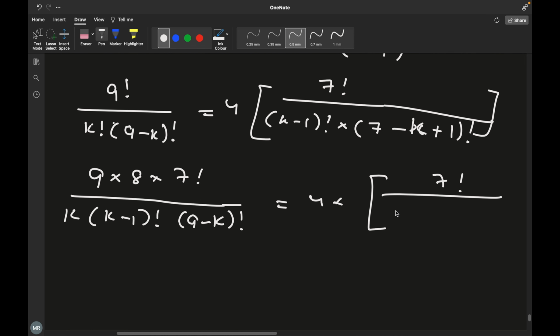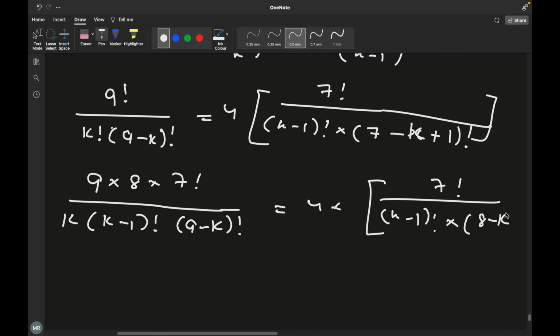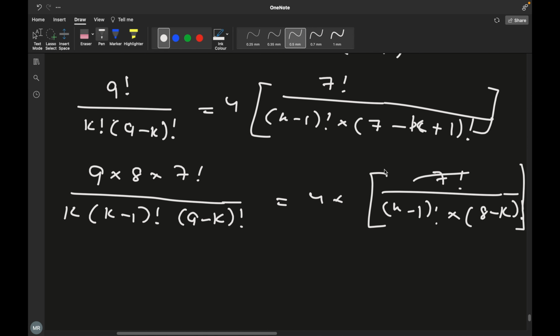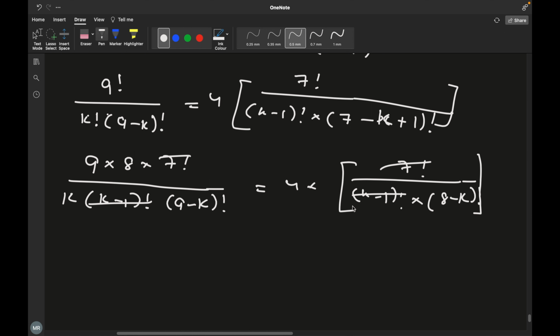On the other side it's going to be k minus 1 factorial multiplied by 8 minus k factorial. We can cancel 7 factorial and 7, and this and this. And now we can write this as, what's 9 into 8?